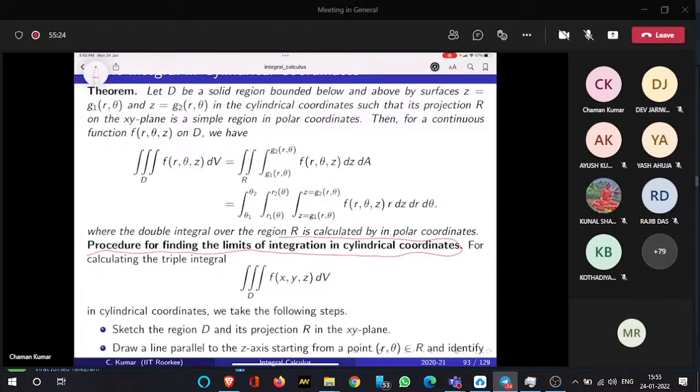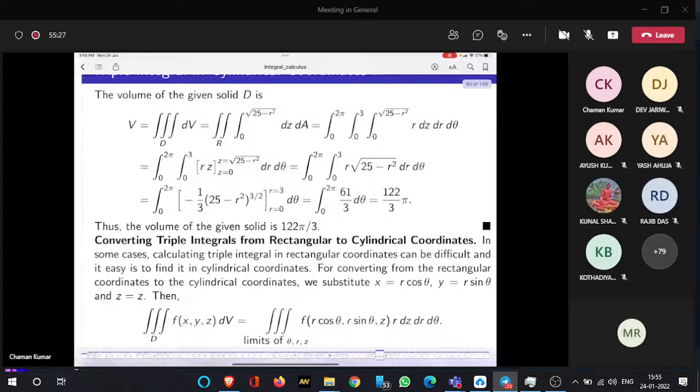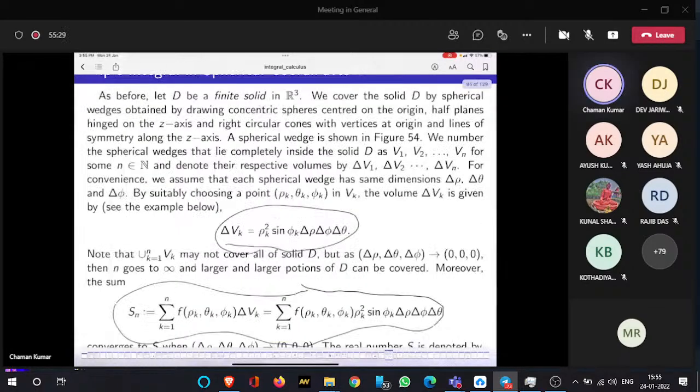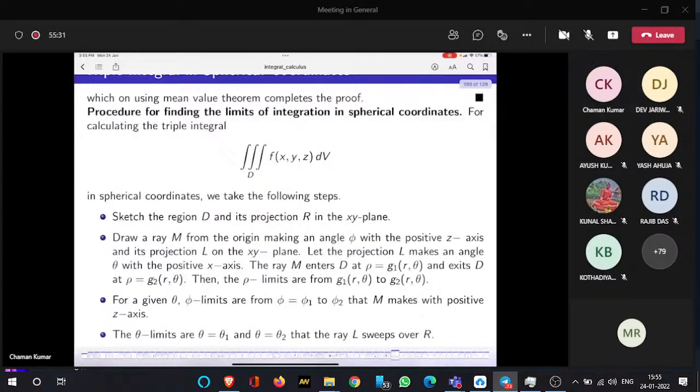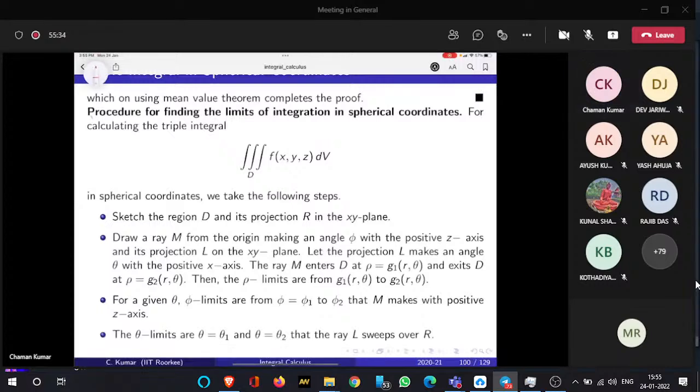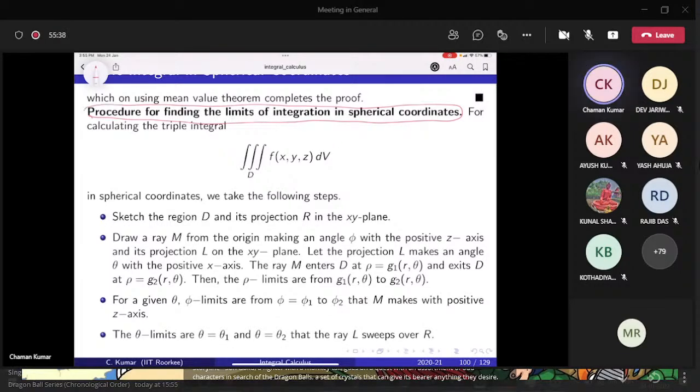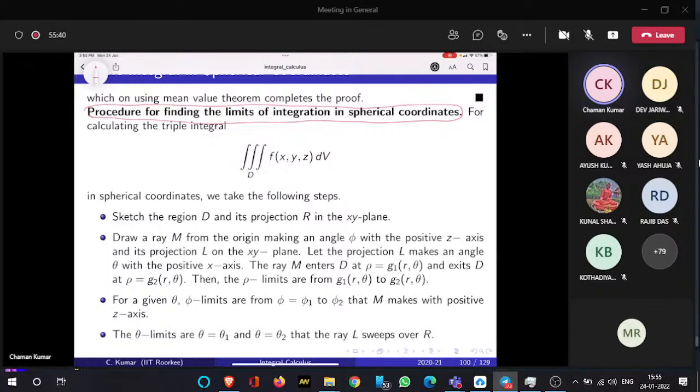How many are done? 3 done, 4 done. And when you go to spherical coordinates, this is our focus. So in the entire chapter, you have to mainly focus on these 5 slides.